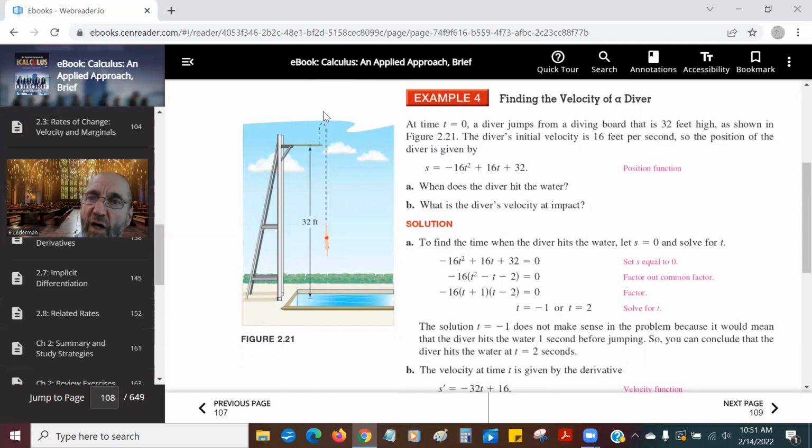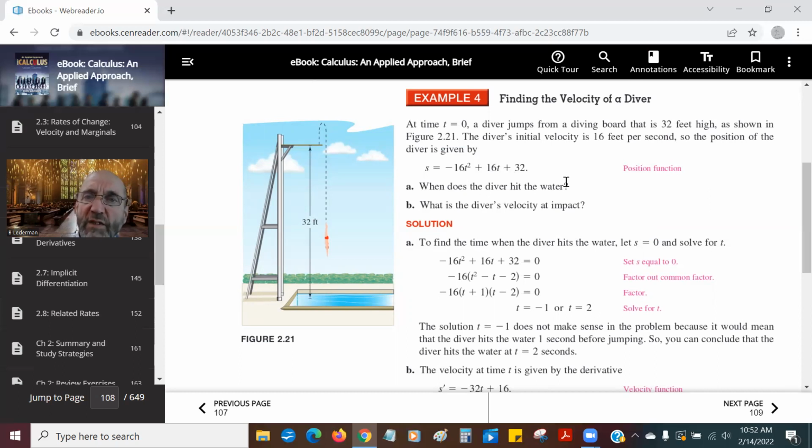It's positive 16, so he starts by jumping up. So the position of the diver is going to be negative 16t squared, that negative 16 is always there, plus 16t because he jumps up, and then plus 32 because he started out being 32 feet above the ground. Wow, that's scary.